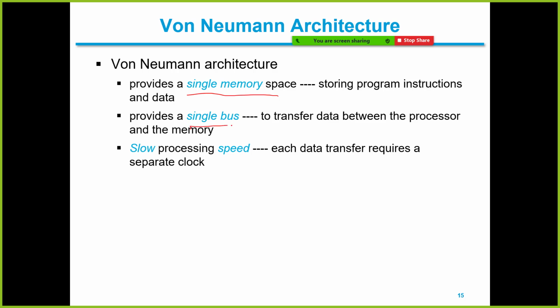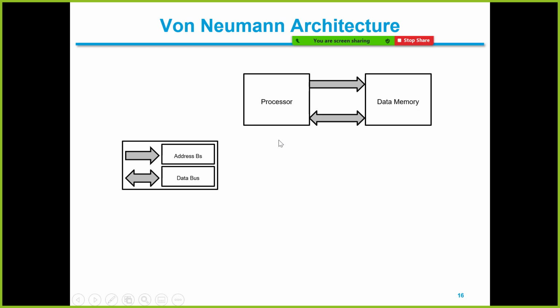It provides a single bus, used to transfer data between the processor and memory, and it has a slow processing speed. This diagram shows the von Neumann architecture for a sensor node. So you can see a single memory.